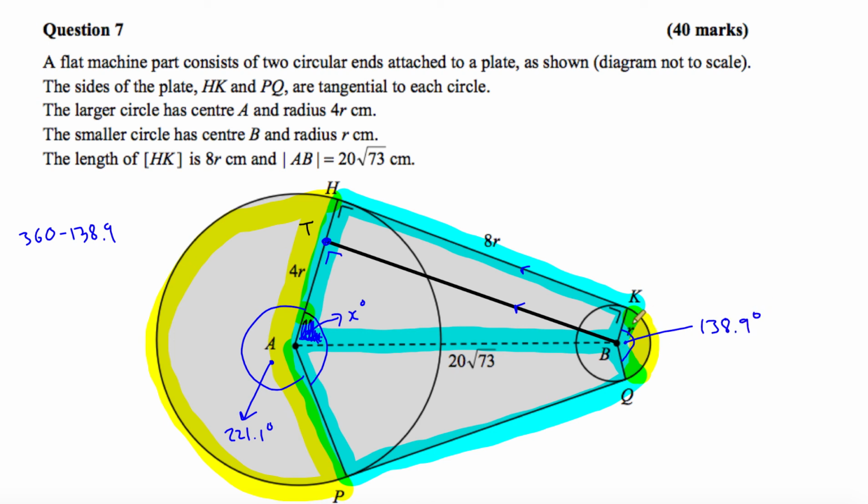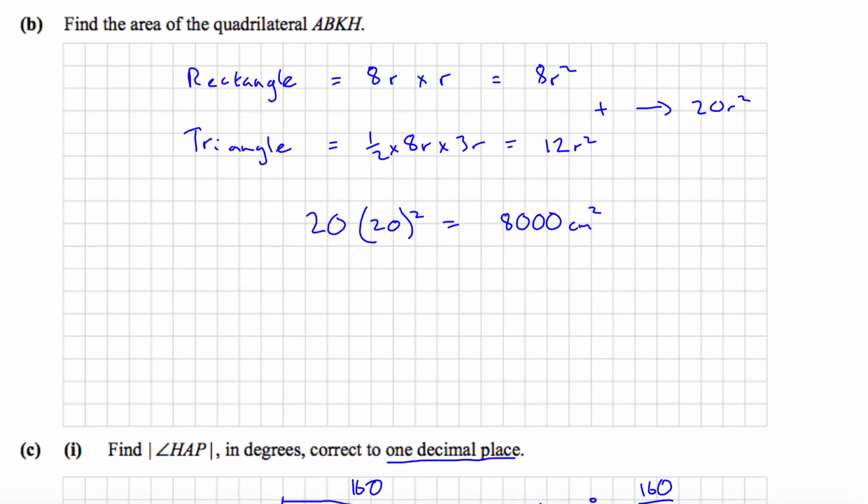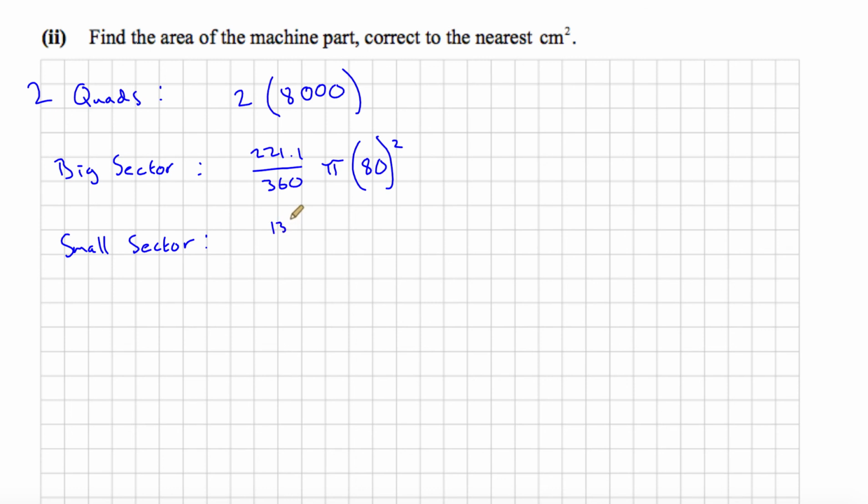So this small sector is going to be 138.9 out of 360 by pi by the radius 20 squared, as the radius of this circle is 20. So they're my different areas, and I'm going to work them out and add them together. And it's going to be correct to the nearest centimetre squared.